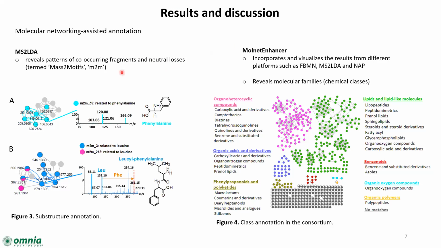Once again, feature-based molecular networking organizes and aligns the spectra based on the spectral similarity, and also performs metabolite annotation via library matching. MS2LDA, on the other hand, reveals the patterns of co-occurring fragments and neutral losses termed Mass2Motifs. And I will make an example here in figure 3B.